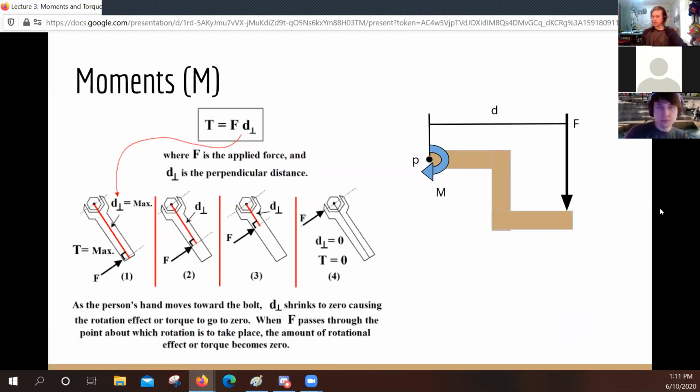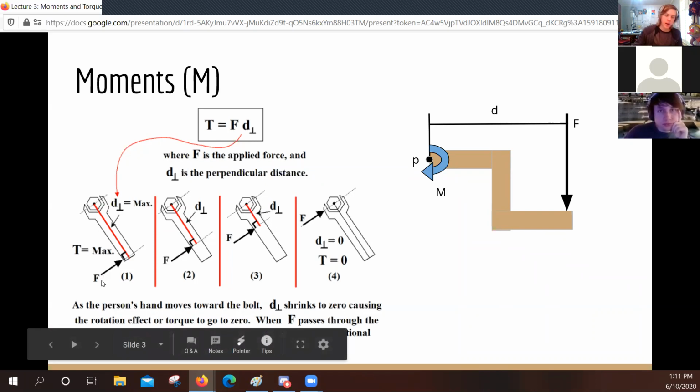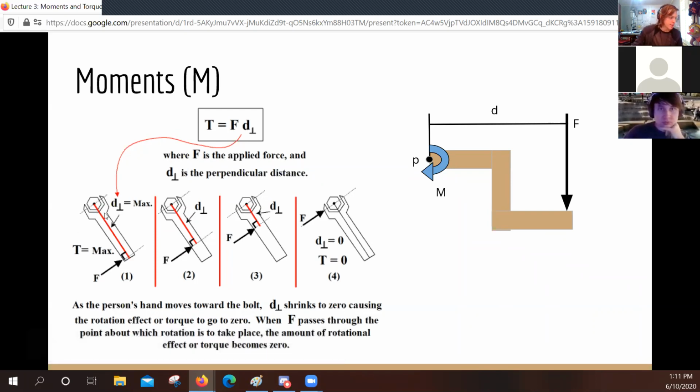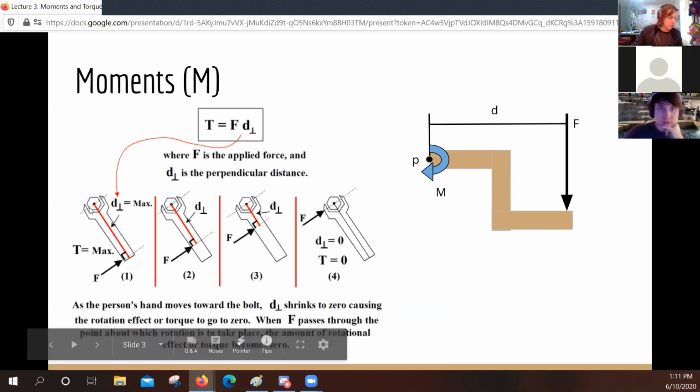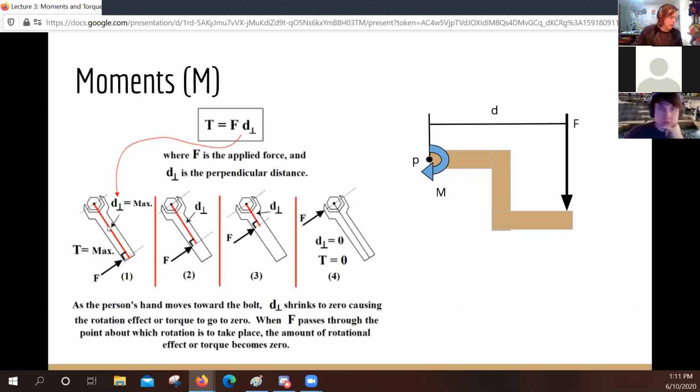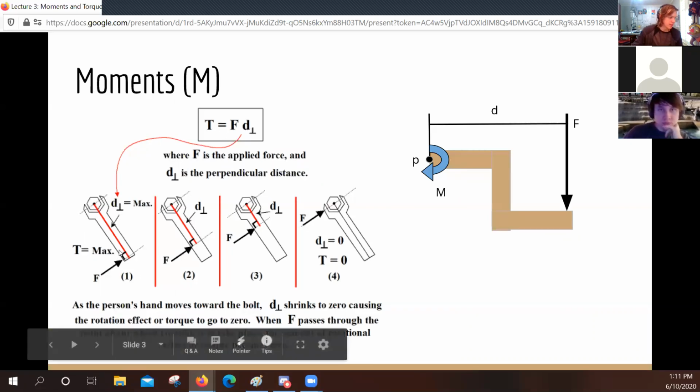So moments. This is where it gets a little complicated. So we have a force, right? Here's a little diagram of a wrench. We have a force, that's our applied force F, right? What a moment is basically the equivalent of a rotational force, okay? It's a force being acted on some sort of pivot, some sort of thing that rotates, at a certain distance.